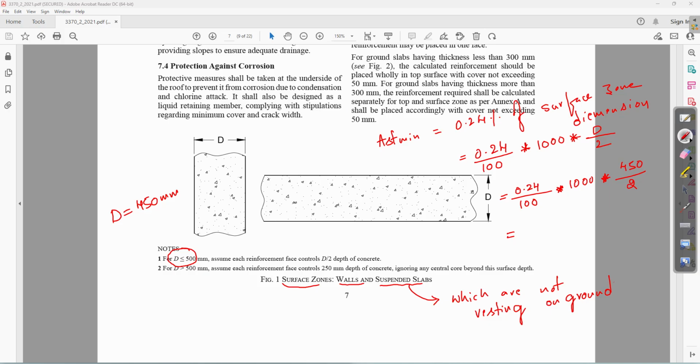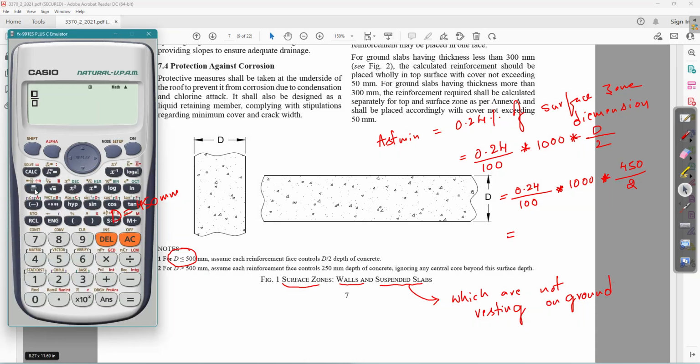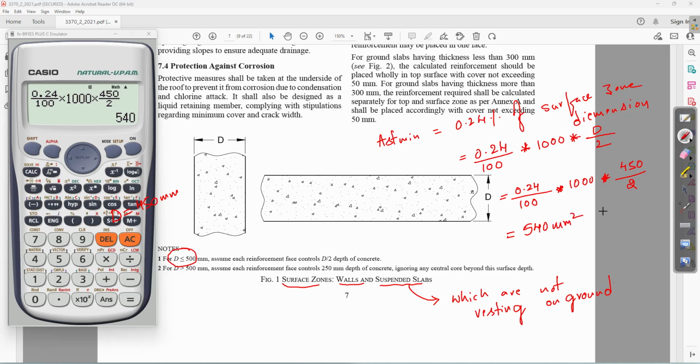So your AST minimum will be 0.24 divided by 100 multiplied by 1000 multiplied by 450 divided by 2. So it is 540 mm square per meter.